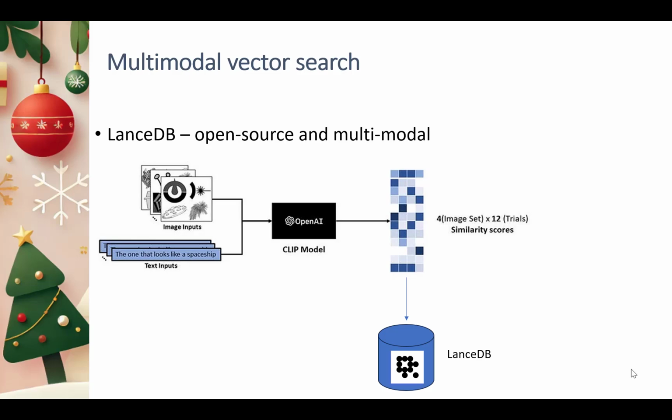So for an image, which label from those text inputs will be the best match? And then you can return the top 5 matches.